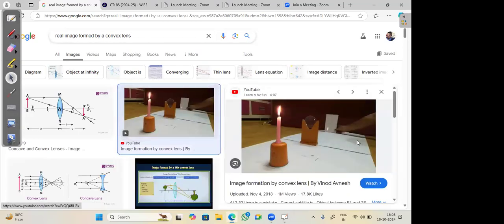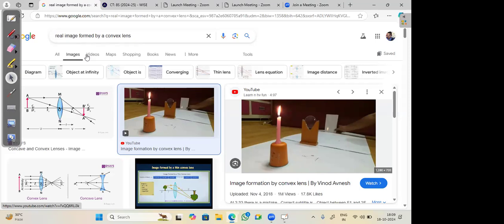If you see this diagram, a candle flame has been kept before the lens. The light of the candle flame passes through this lens. If you keep a screen in front of it, you are able to observe an inverted image of the candle on the screen. So this one is also a real image.